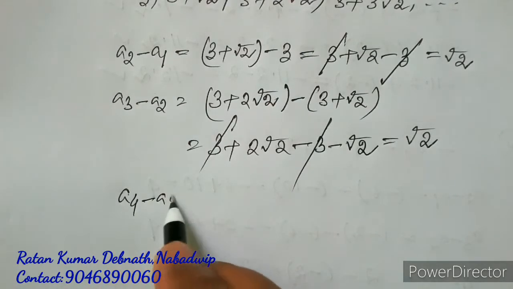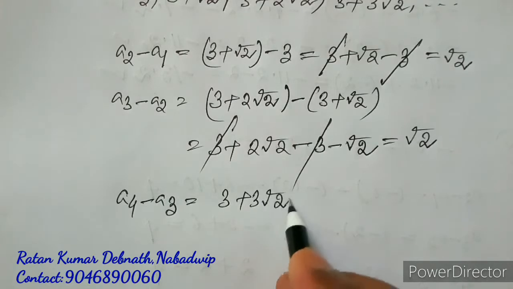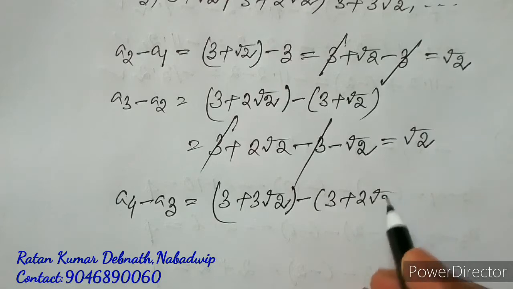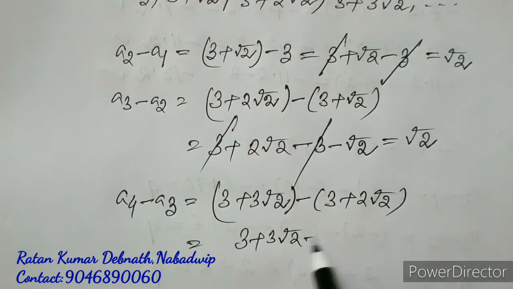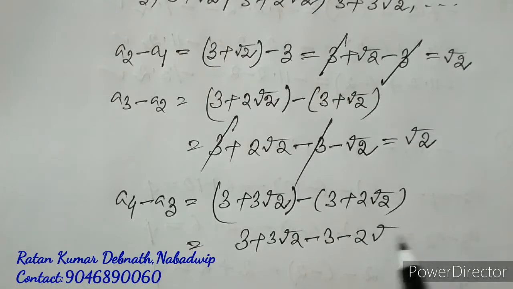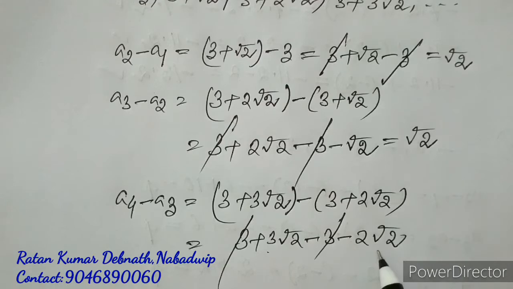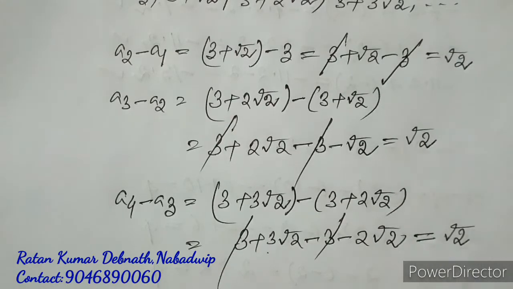a4 minus a3 means fourth term minus third term, that is 3 plus 3 root 2 minus 3 minus 2 root 2. 3 cancels, 3 root 2 minus 2 root 2 results in root 2.